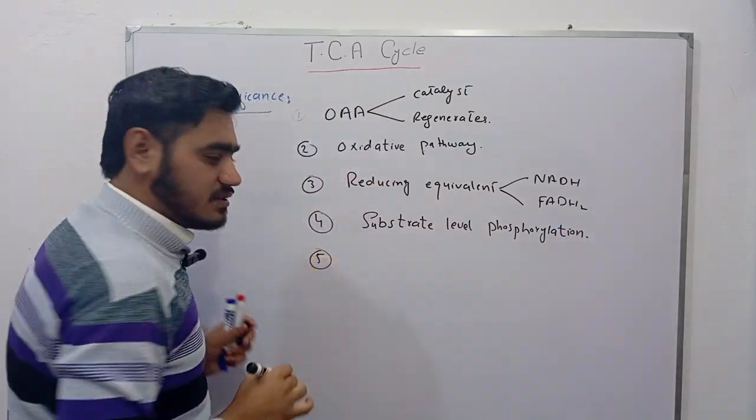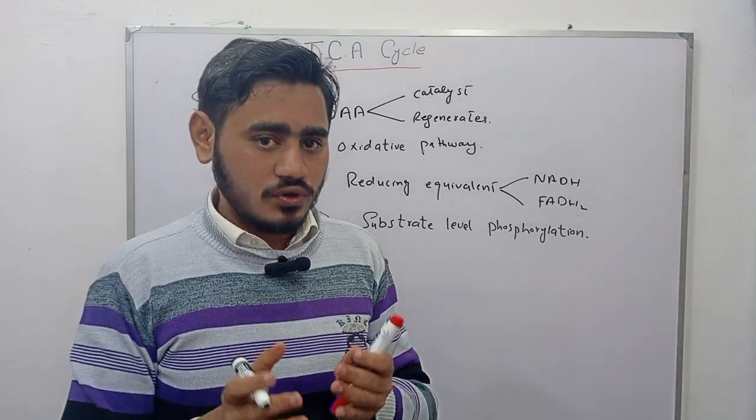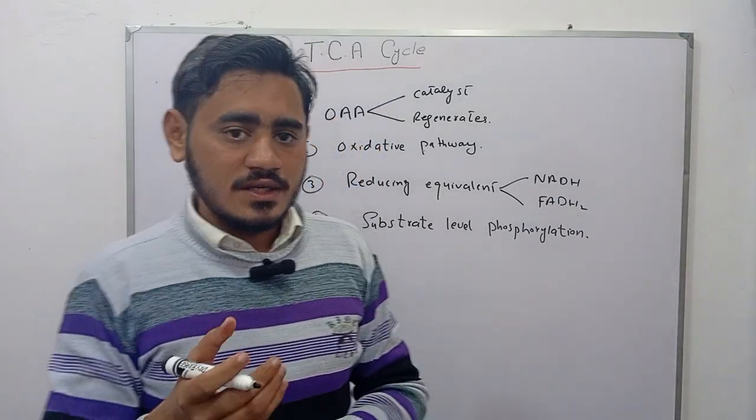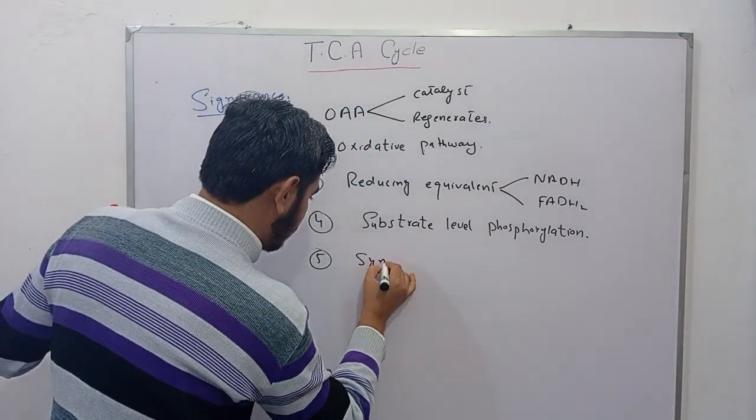Fifth point is this TCA cycle, it is very important for the synthesis of non-essential amino acid, heme, purine and pyrimidine.